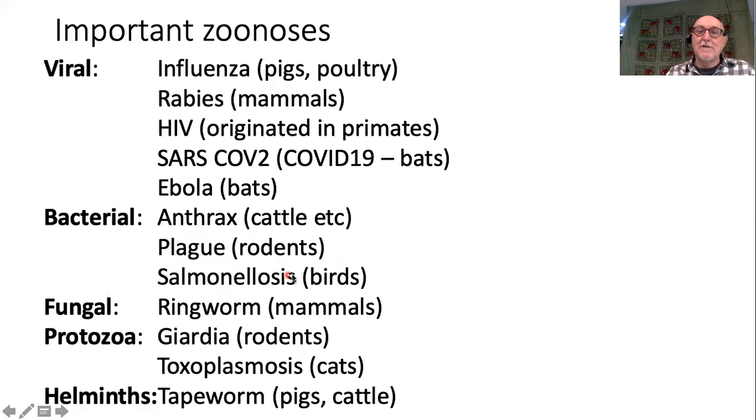Salmonellosis, I'm going to mention, because this is one of the ones we pick up, this bacterium Salmonella, and suffer from violent diarrhea and vomiting as a result. We do pick it up often from food poisoning, but people who keep birds and reptiles need to be extremely careful, because birds and reptiles are a well-known reservoir for Salmonella, and they tolerate it extremely well.